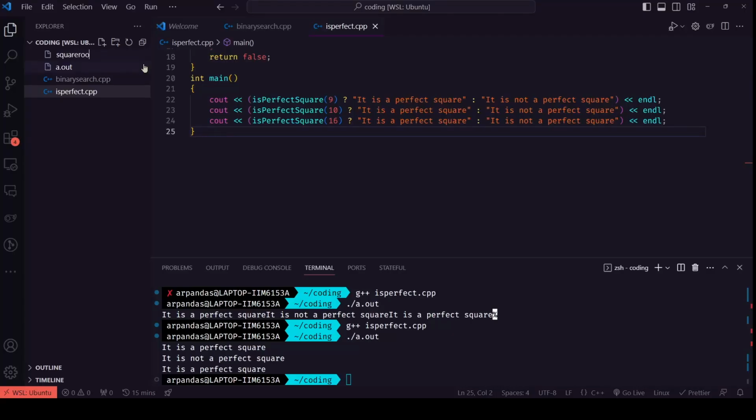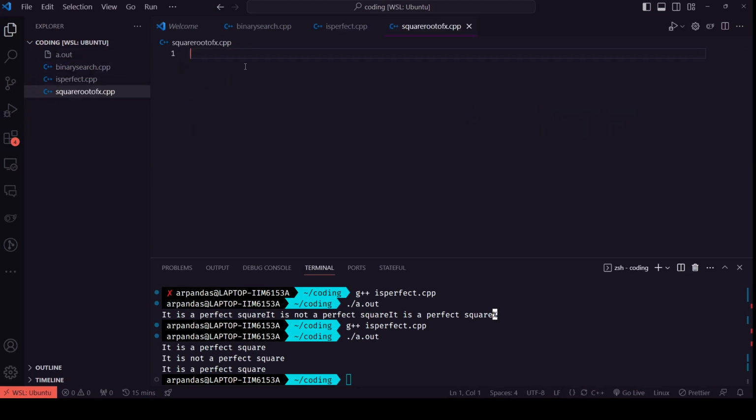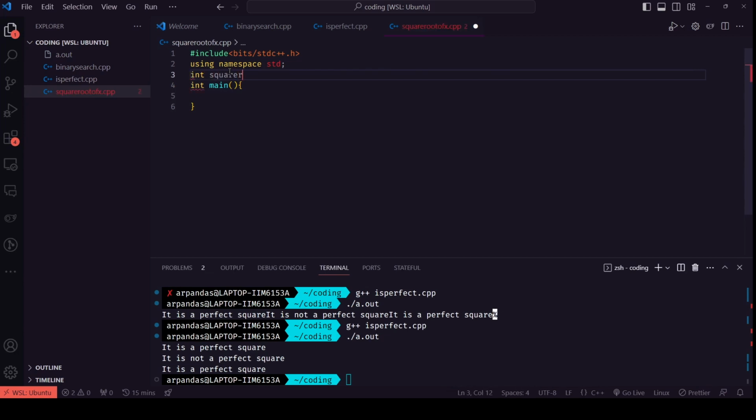Square root of x dot cpp. Include bits/stdc++.h, using namespace std, int main. First, we are writing our logic for that. Square root, int num.